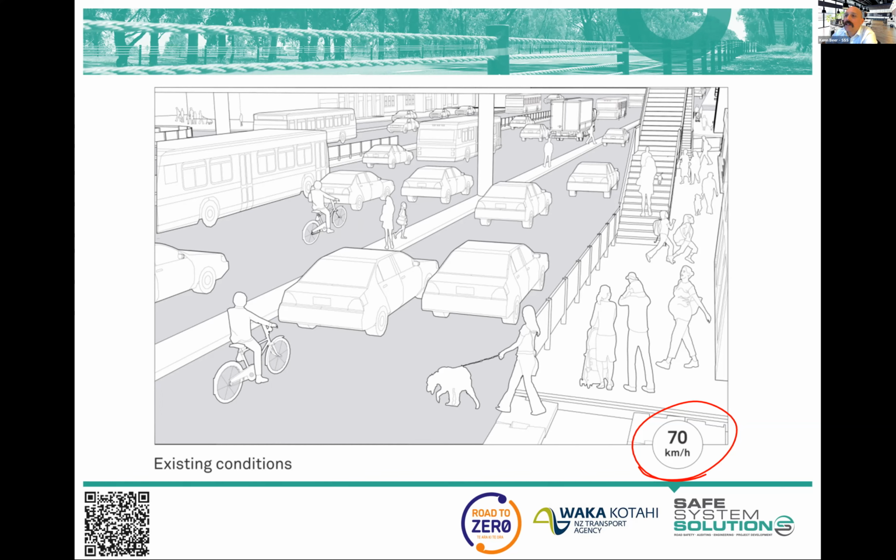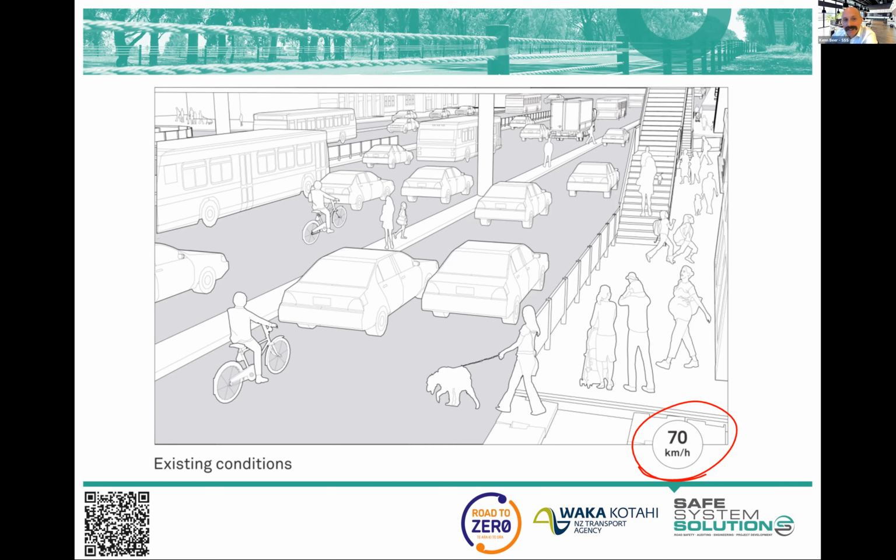So we're seeing some more support for these lower speed limits through there, and I think that's quite forward thinking, in the sense that people often are reluctant to go to lower speeds when it's got that movement corridor.